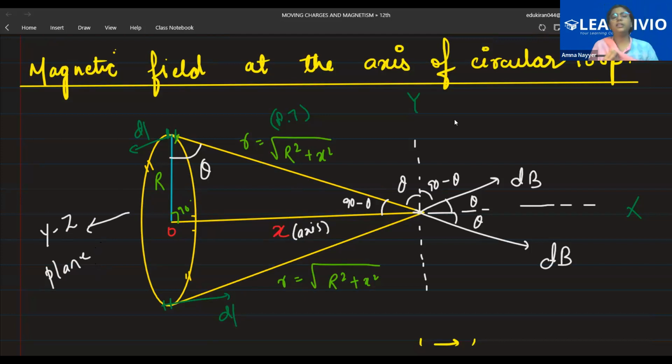And whenever you are writing the derivations, you have to write everything. Let us consider a circular coil, circular loop, which is present in the XY plane, having the radius R. The point of calculation on the axis is separated from the center by x distance. Like this, you have to mention the whole story. I have seen in most of the papers, very few students write this.